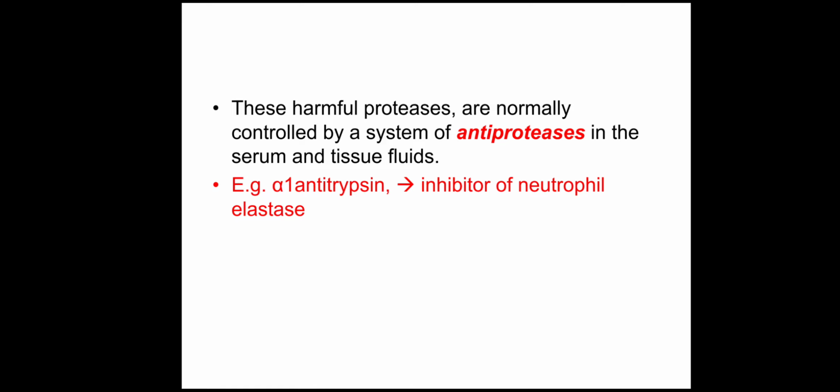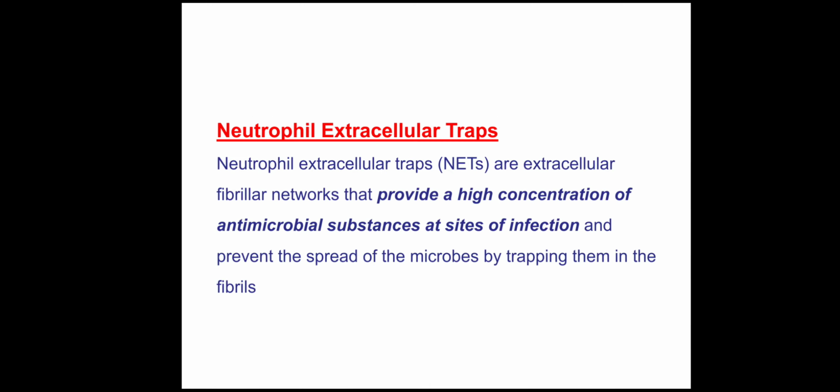There is an applied aspect to this: when there is alpha-1 antitrypsin deficiency, there is increased action of elastase, and it can lead to a disease in the lung which is known as emphysema. In the end, neutrophil extracellular traps are outside the cell, and they are fibrillary networks that will concentrate the antimicrobial substances at the site of infection.